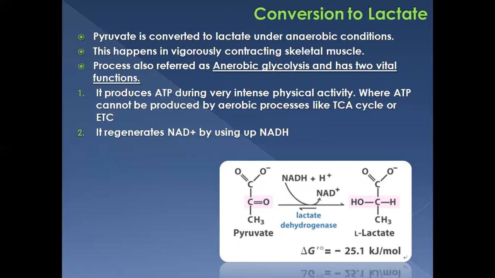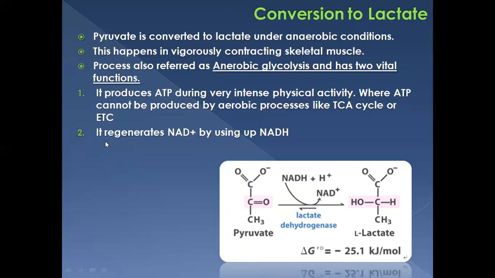That's the reason the pyruvate undergoes conversion to lactate so that NADH can be released in its reoxidized form, that is NAD+, and during this process some amount of energy is also provided. So this conversion has 2 vital functions.